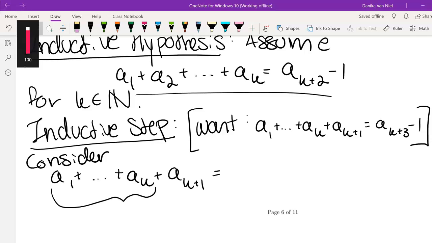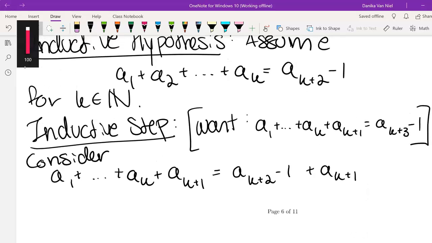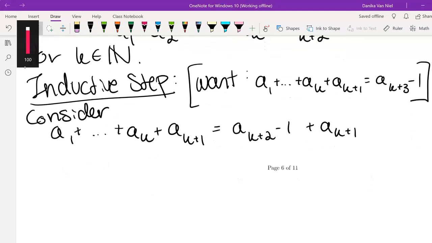I can look up here and switch this around. So I have ak plus 2 minus 1 plus ak plus 1. Sometimes you can put parentheses around it to really show what you're doing. Whatever is fine, as long as you're describing yourself and not jumping steps. Okay, so how is this supposed to help?